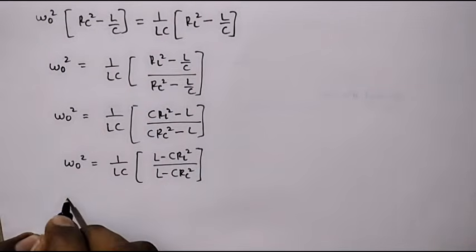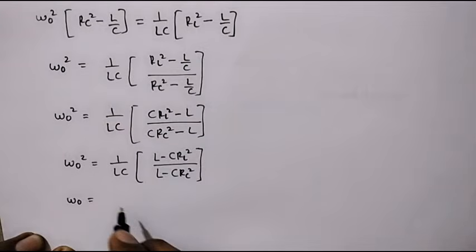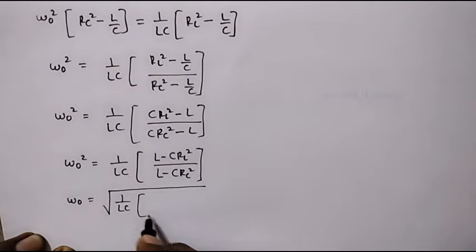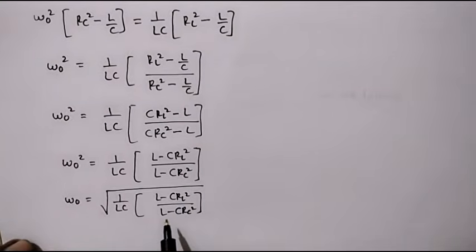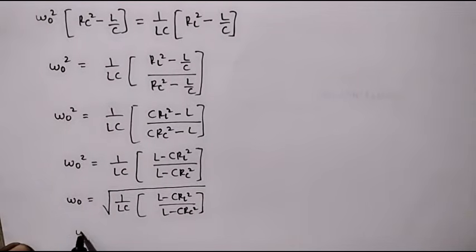So now I can write it as omega naught is equal to under root 1 over LC times (L minus C RL square) divided by (L minus C RC square), so that we can remember this equation easily. And we know that omega naught is equal to 2 pi f naught.